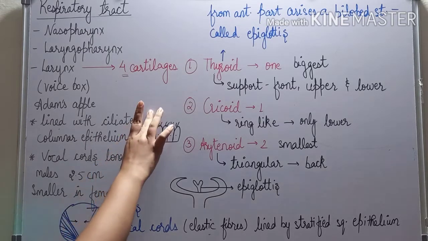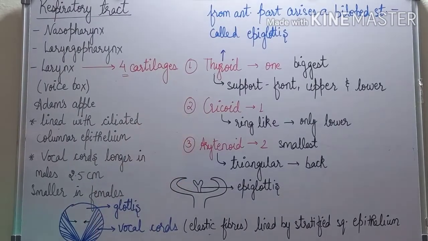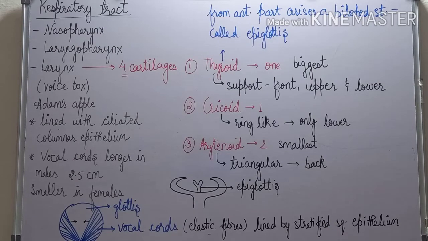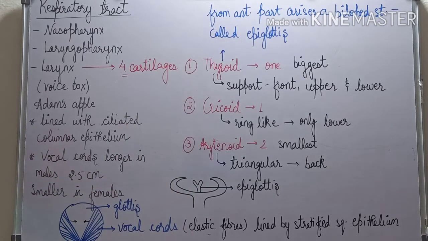Now the vocal cords are longer in males. Now what are vocal cords? Basically when we cut this larynx horizontally, we can see a space known as the glottis, which is surrounded by vocal cords.